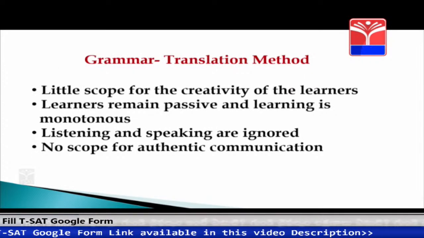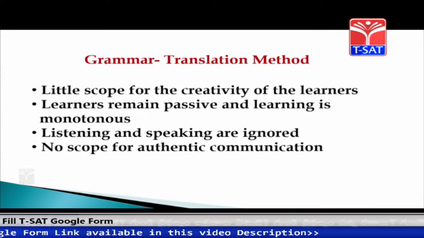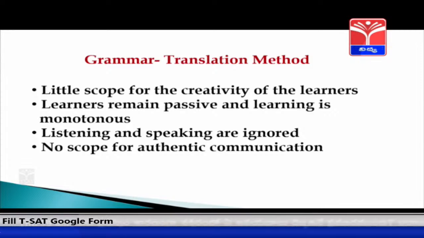Grammar translation method has its limitations. The first one is there is little scope for the creativity of the learners. The teacher controls the classroom, the teacher assigns the tasks, the learners have to translate the literature into the target language, and the teacher is the authority, and learners remain passive and learning is monotonous.